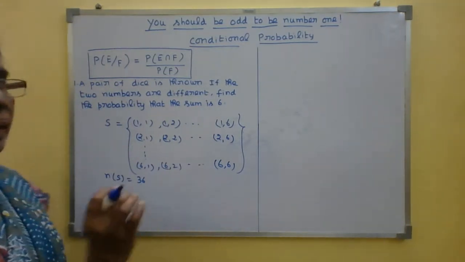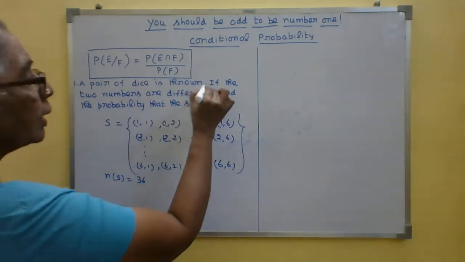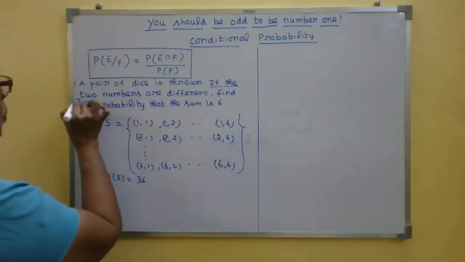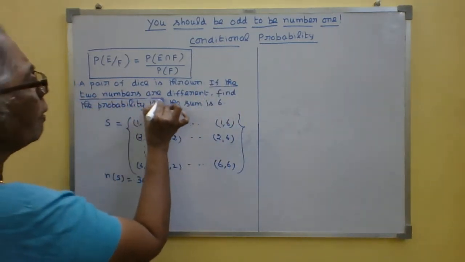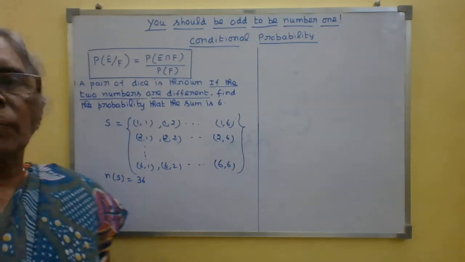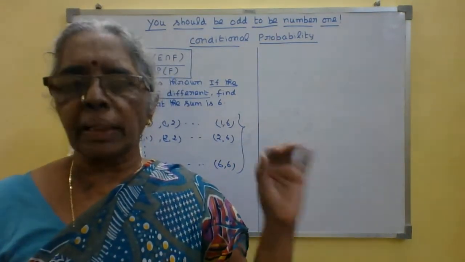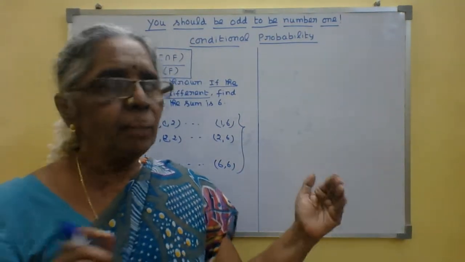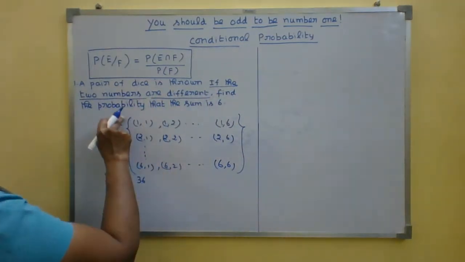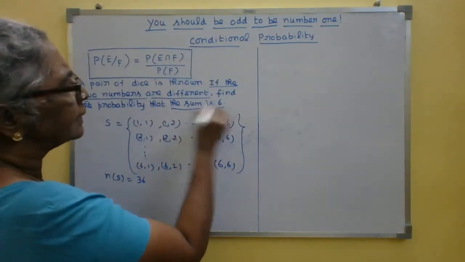Now, what is our F here? If the two numbers are different, that is given to you, so that is your F. What is E? Find the probability that the sum is 6.